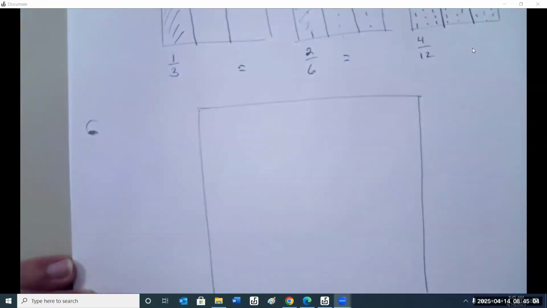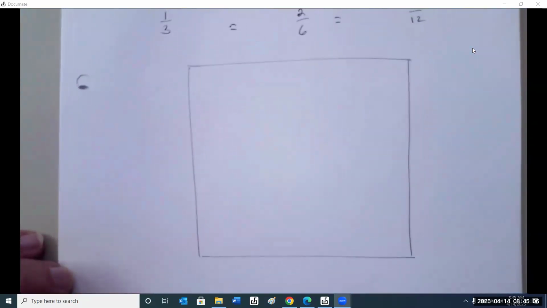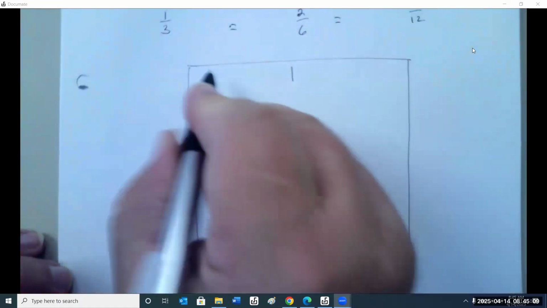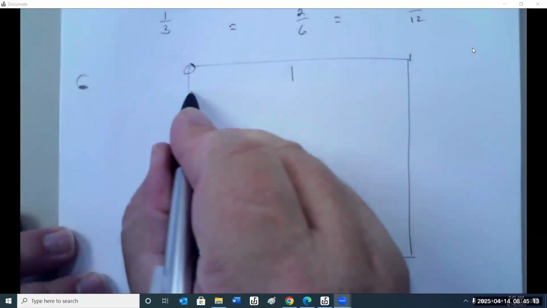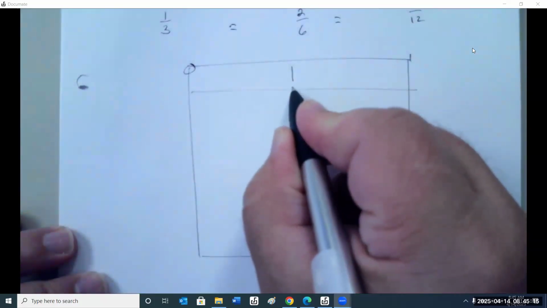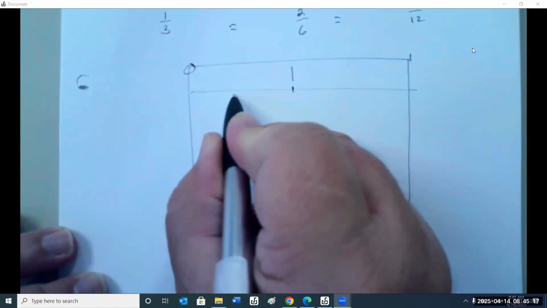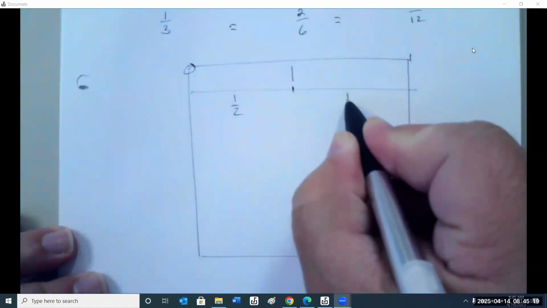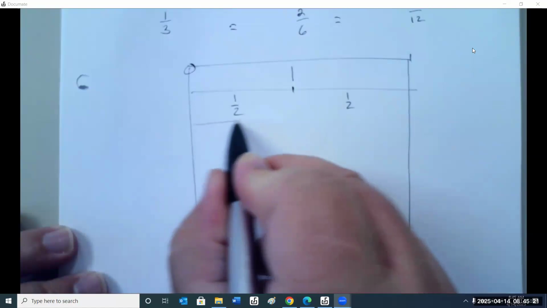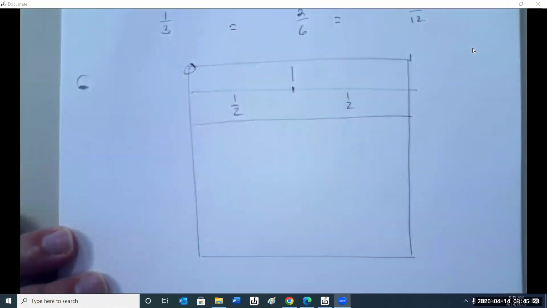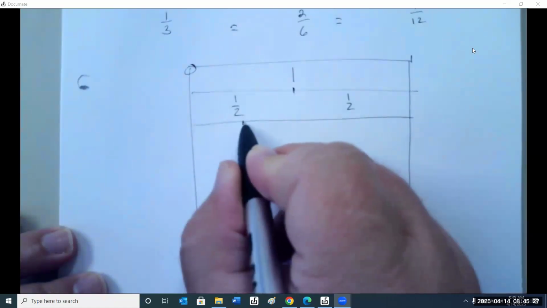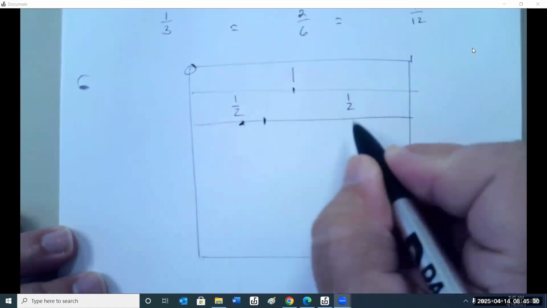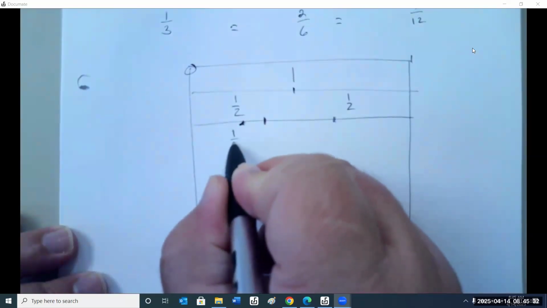Then this is a number line. So this whole thing is from 0 to 1. What if we cut it here? What do we have now? We have 1/2. What if we take that one and cut it into thirds? Oops. So this is 1/3.